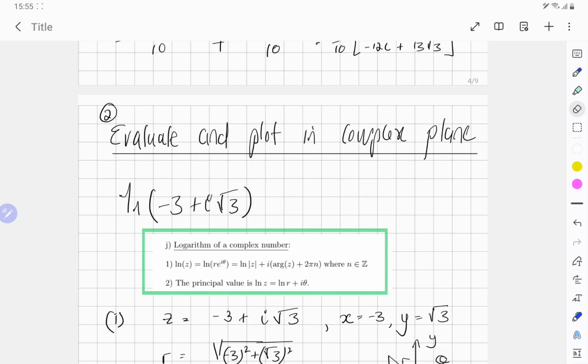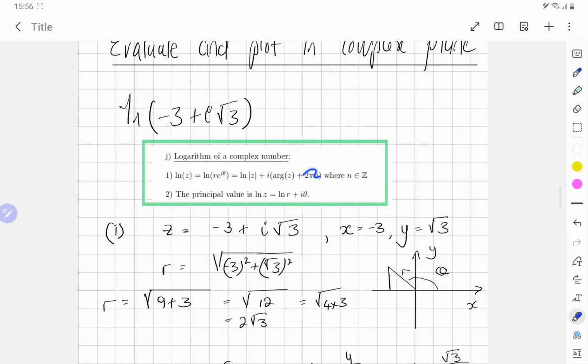Just to recall, in first year we would just do ln of a real number. We always mentioned that your x, the domain, must be greater than 0 and real numbers, but now we do ln of a complex number.